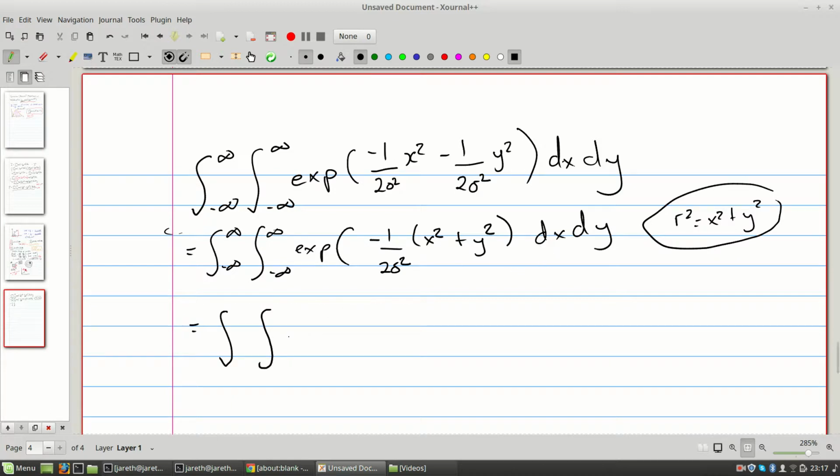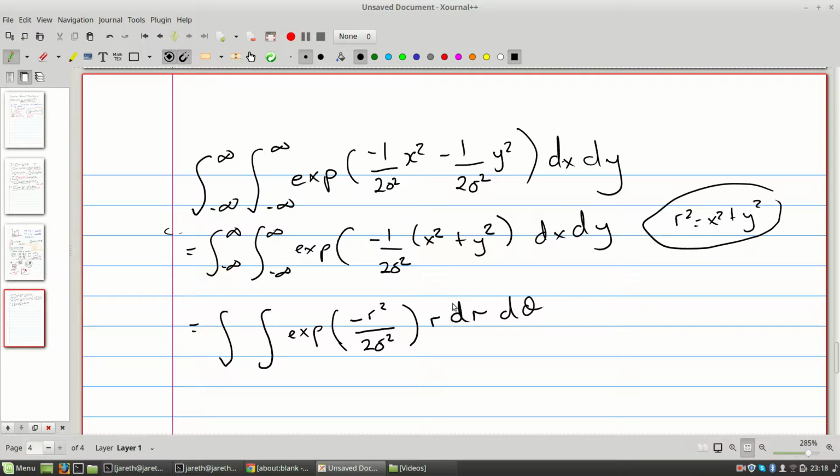So this becomes the exponent of minus r squared, because x squared plus y squared is r squared, over 2 sigma squared. We multiply this by r, then dr d theta. Okay, because of the Jacobian change of variables, we need to have this extra r.